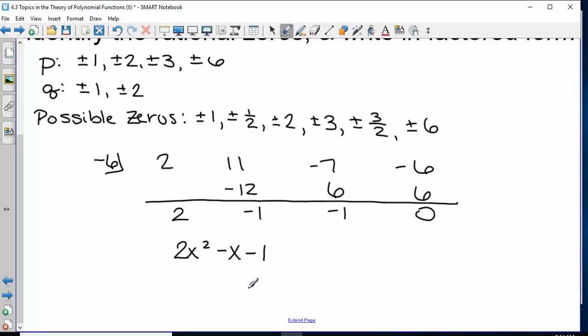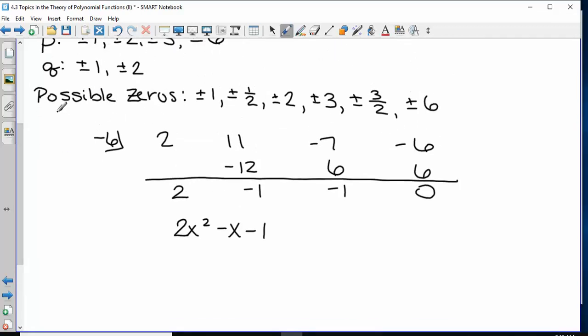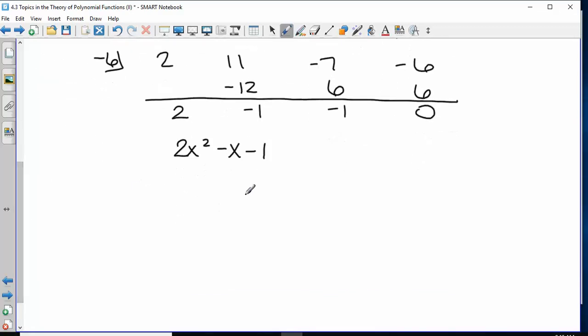Alright, we have options from here. We could go back to our graph and find another one that works and do synthetic division again with that one. We could also, now that it's just quadratic, use the quadratic formula. You can try box method. Keep in mind, the graph and this list are only going to tell you the nice, pretty zeros. So if you have any imaginaries or things with radicals, the only way you're going to get those is from the quadratic formula.